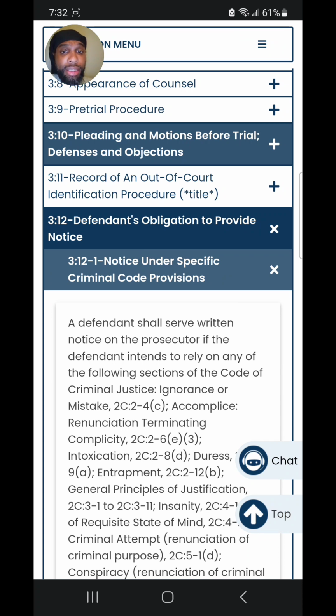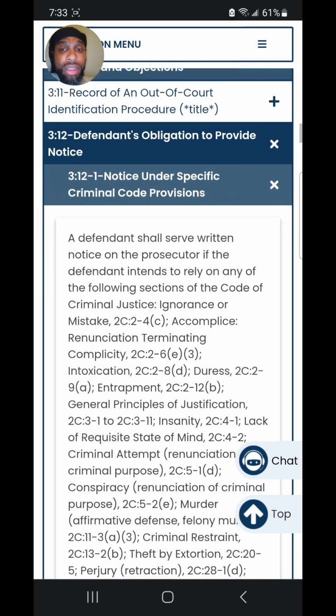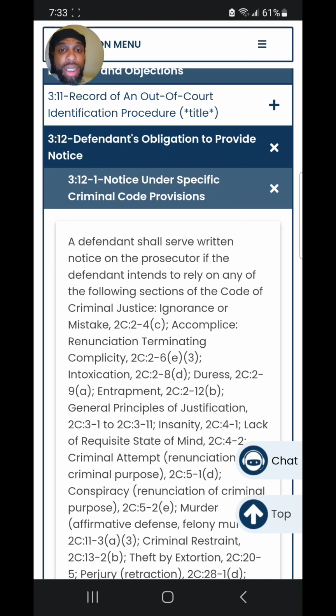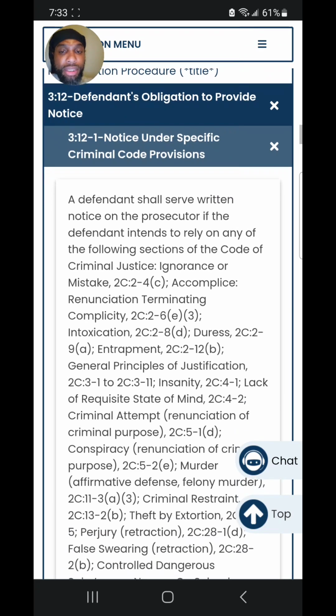You're obliged to provide notice, notice under specific criminal code provisions, right? And what is this? A defendant shall serve written notice. It says written. Written notice. Feel me? On the prosecutor if the defendant intends to rely on any of the following sections of the Code of Criminal Justice.